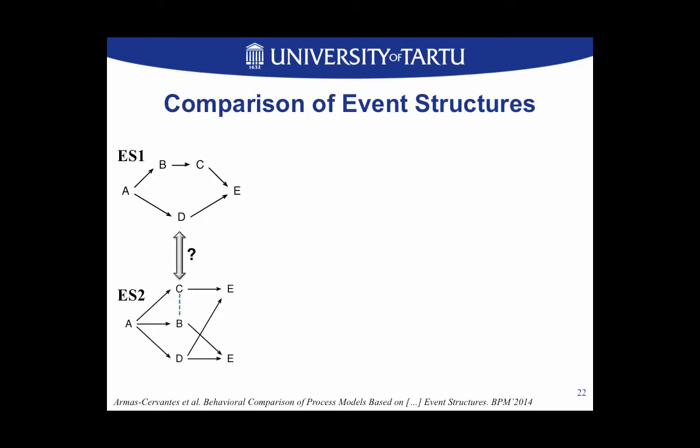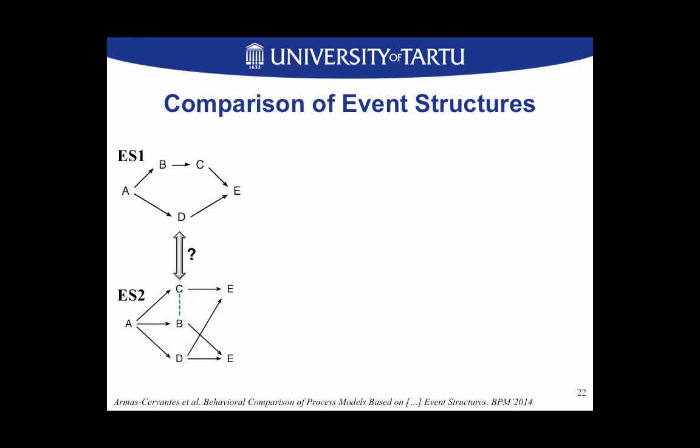Given these two event structures, one of the beauties of event structures is that behavioral equivalence, in the sense of bisimulation equivalence, is the same as isomorphism of the event structures. And there are very nice algorithms for testing isomorphism. And when two things don't match, there are very nice algorithms for calculating the graph distance between these two graphs.